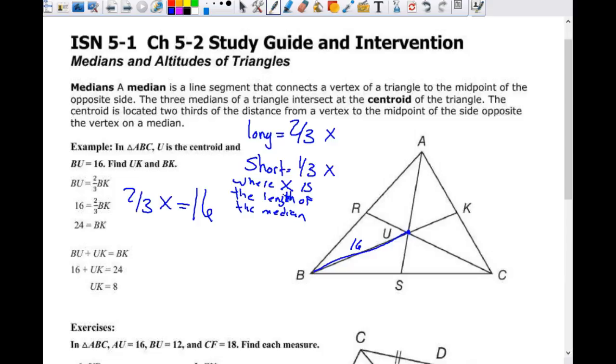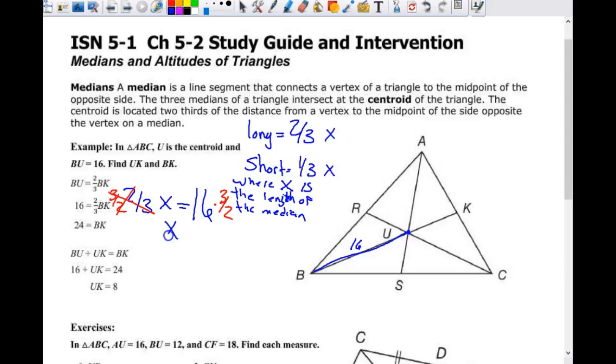Let's solve for x. I'm going to multiply both sides by 3/2. I know that seems really weird, but I'll explain that in a second. I multiplied by the reciprocal. See how I flip those around? Now look what happens. This cancels out, 3 divided by 3, and this cancels out, 2 divided by 2.